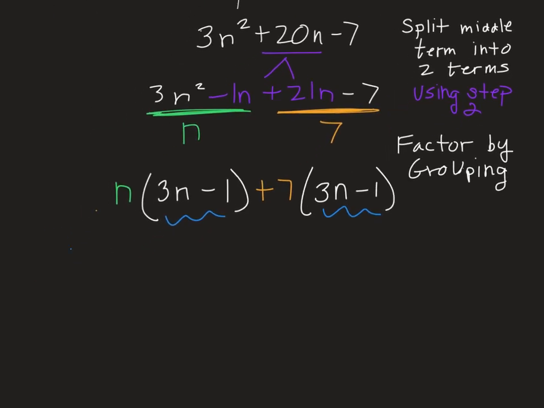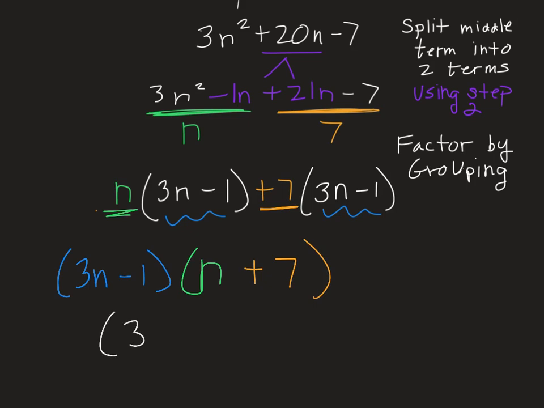So I'm going to factor out those common binomials, and remember that the n and the 7 go into the other binomial. So my fully factored form is 3n minus 1 times n plus 7.